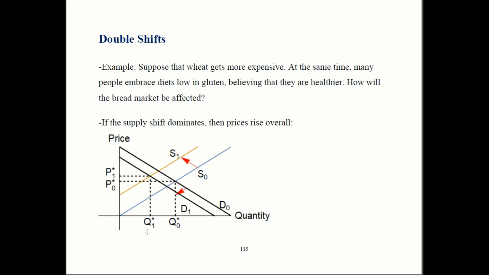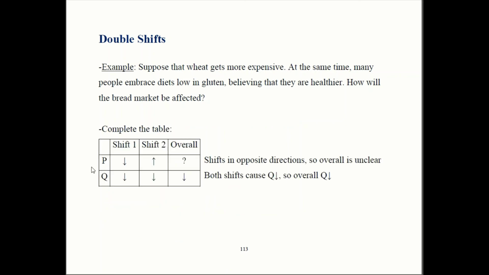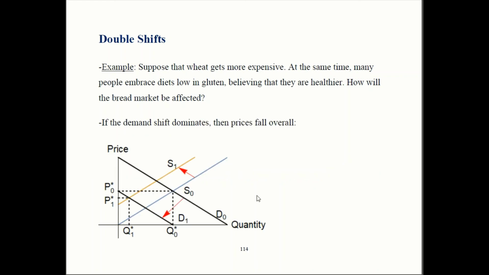So we have one case where prices rise overall, and we have the other case where prices fall overall, because the effect on price was unclear. One shift took us one way, the other shift took us the other way. We don't know which one's bigger. That's why there were two possibilities. Now quantity declined in both graphs because both shifts dragged quantity down.